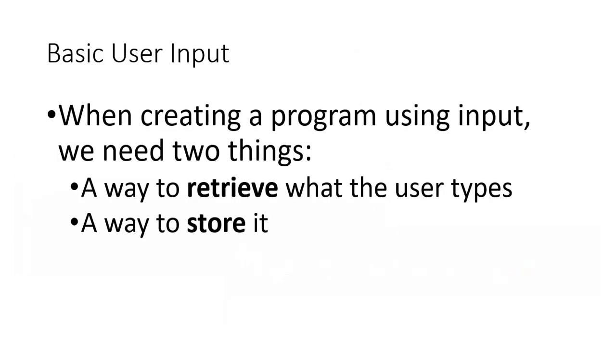When we're creating these programs using input, we need two things to accomplish this task. We need a way to retrieve what the user types, and we need a way to store what the user has typed. Now, we have the ability to store what the user types, known as variables. We've already talked about variables. When the user gives us some kind of information, we can store it inside of our variables.